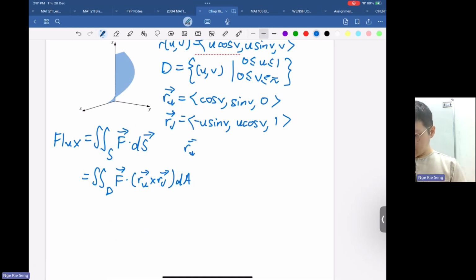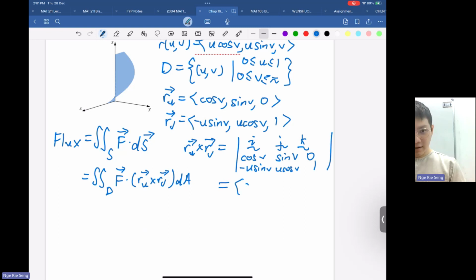So ru cross rv. Let me quickly write out the setup: (cos v, sin v, 0) cross (-u sin v, u cos v, 1). The first term you should get is sin v, minus cos v, and u. Is it? Check.